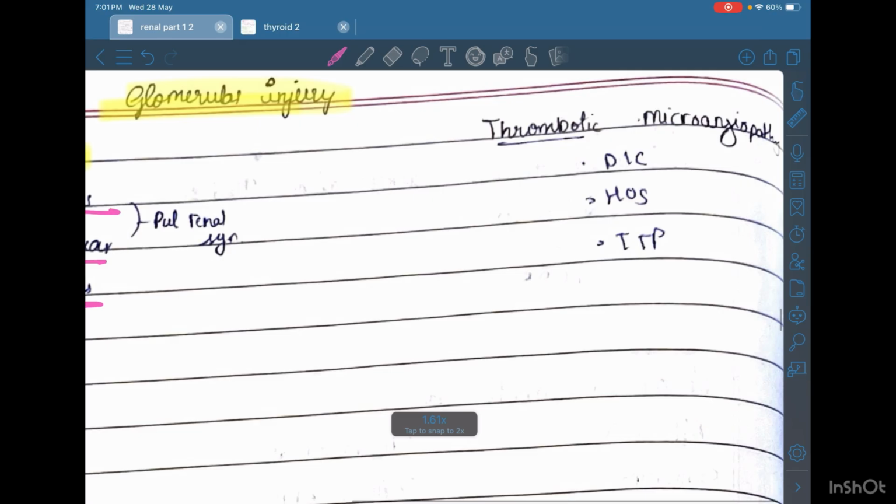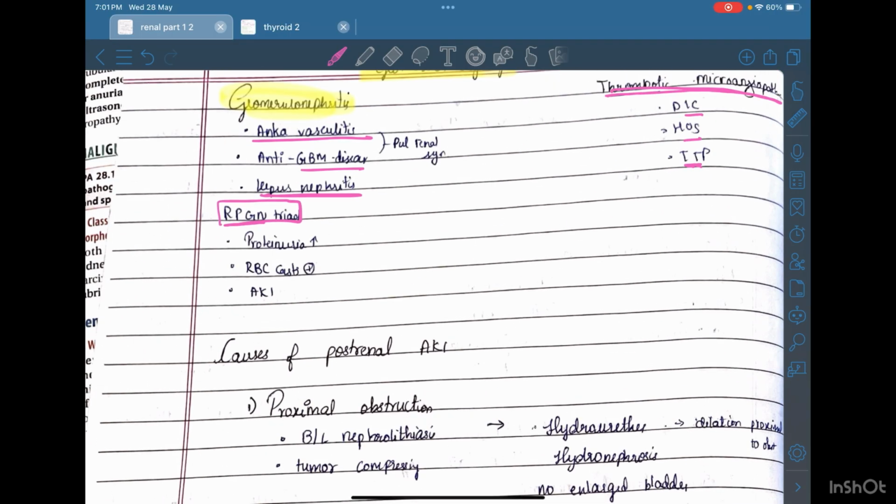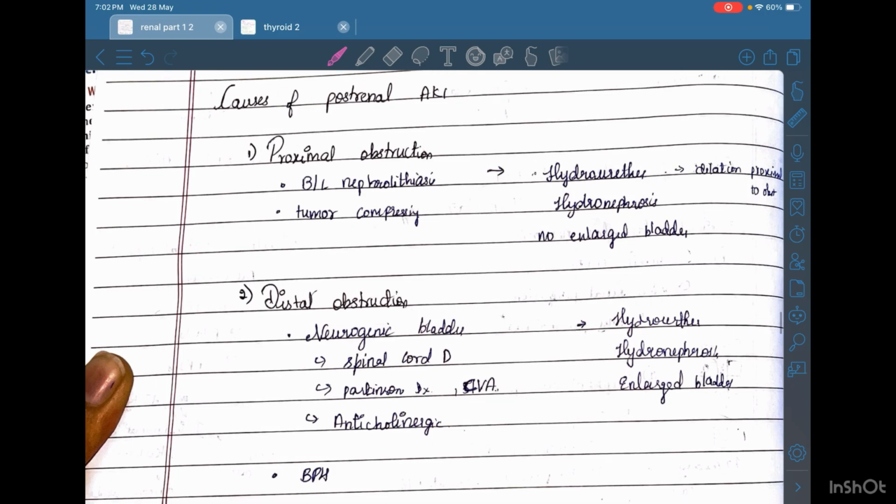Then thrombotic microangiopathy like DIC, HUS and TTP. So glomerulonephritis and thrombotic microangiopathy, which include DIC, HUS, TTP. Then the causes of post-renal are basically obstruction.